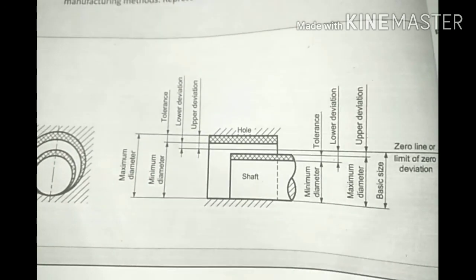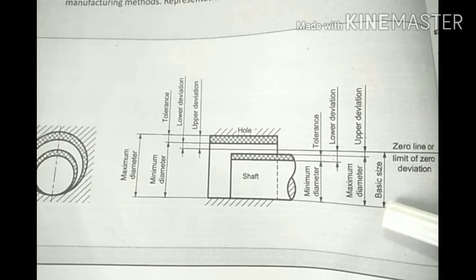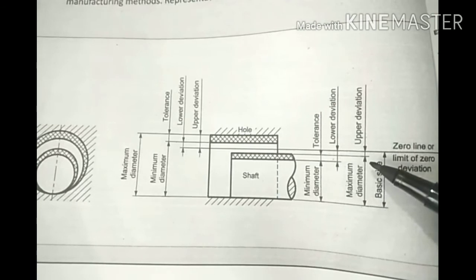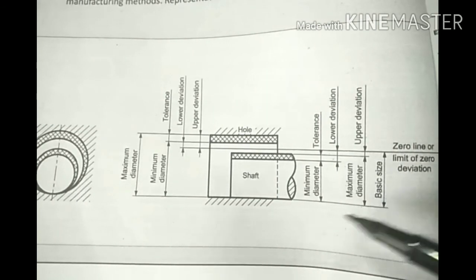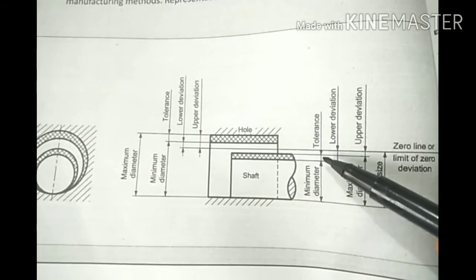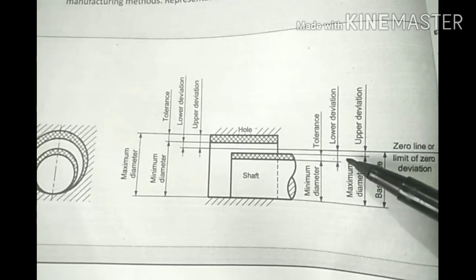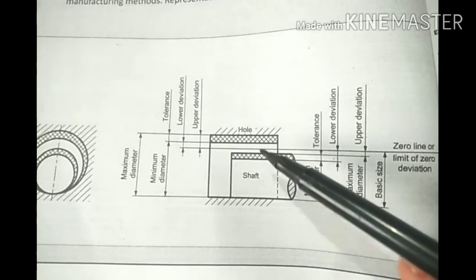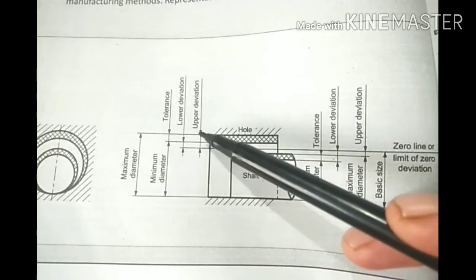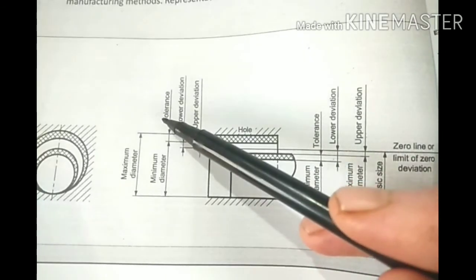You can see in the figure there is a zero line or basic size, and this is the minimum diameter of the shaft, and this is the shaft, this is the hole, this upper deviation and this lower deviation, for this hole, upper deviation, lower deviation, and upper deviation minus lower deviation, whatever the portion occurs, that is called tolerance.